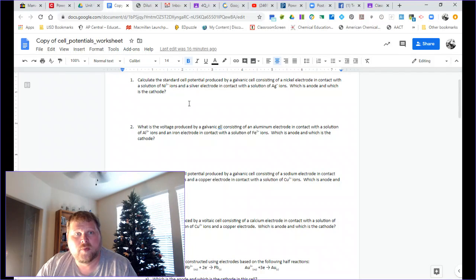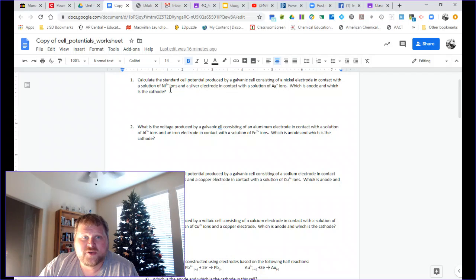All right, so let's start with number 1. Calculate the standard cell potential produced by a galvanic cell consisting of a nickel electrode in contact with nickel 2 ions. That's one electrode, and basically what that's telling us is that we're going to have nickel 2+ plus 2 electrons making nickel solid.